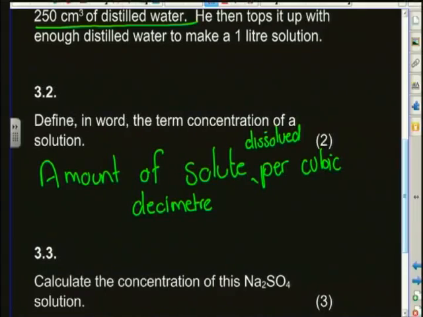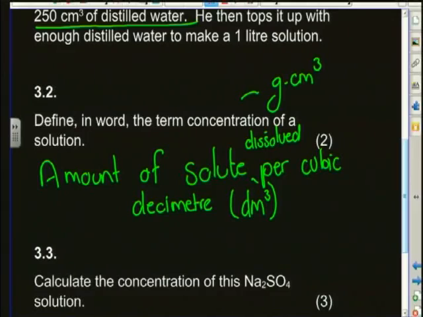Cubic decimeter, remember, means decimeters cubed. 2 marks for essentially 7 words. Hey, easy, easy, easy. Okay? And remember, the unit we use is grams per centimeter cubed.